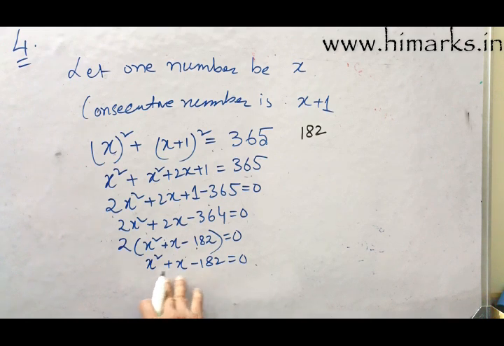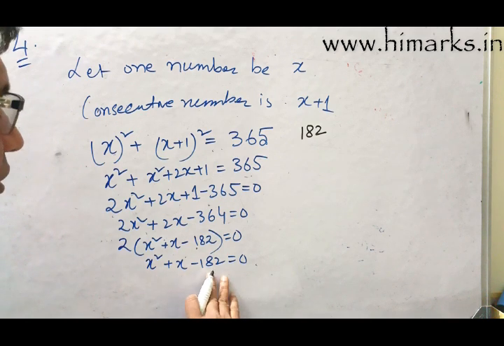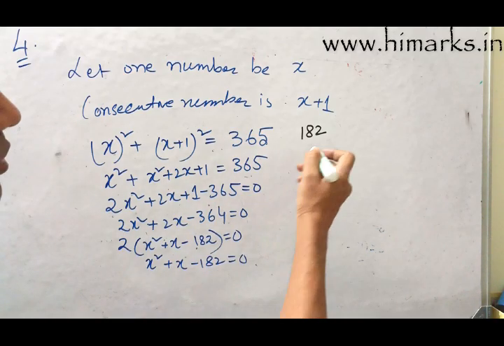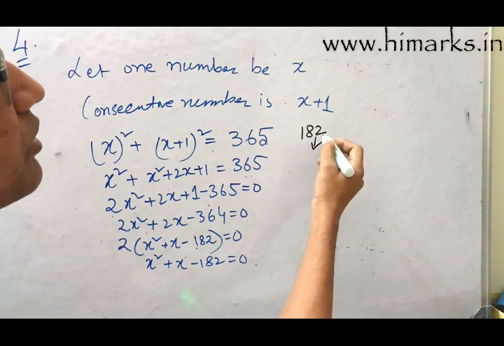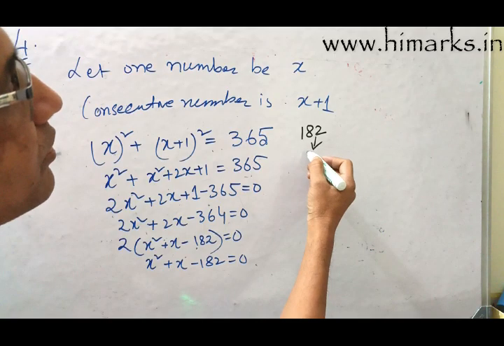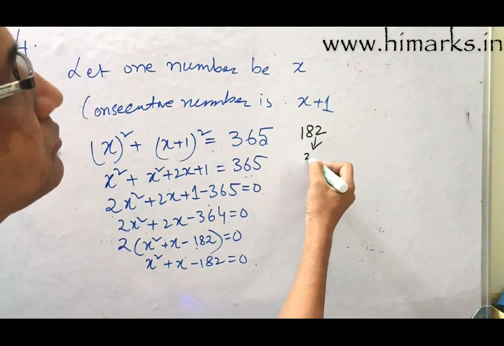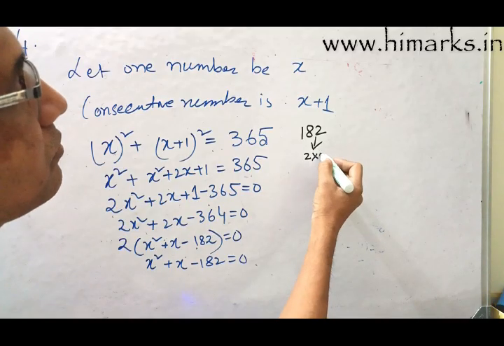This is the only way we are solving the equation. So this 182 should give plus 1. Only plus 1 is here. Okay, now let us break this 182. What are the different ways we can break? 1 into 182, that cannot give 1. 2 into 91.